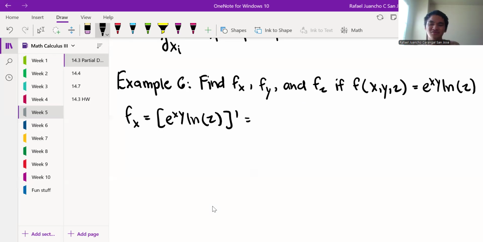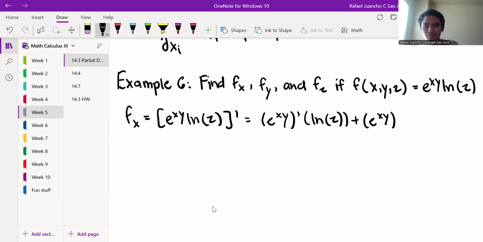Here I can see a product rule. This is definitely a product rule. There we go. And from there, what do we see? We take the derivative of this thing.